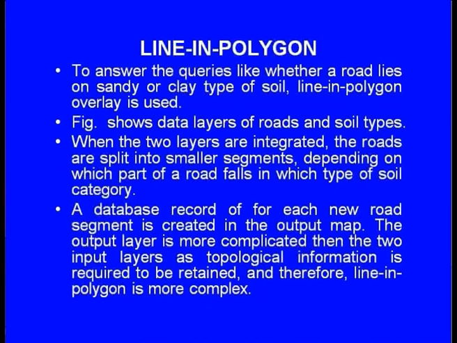A database record for each new road segment is created in the output map. The output layer is more complicated than the two input layers, as topological information is required to be retained, and therefore, line in polygon is more complex.